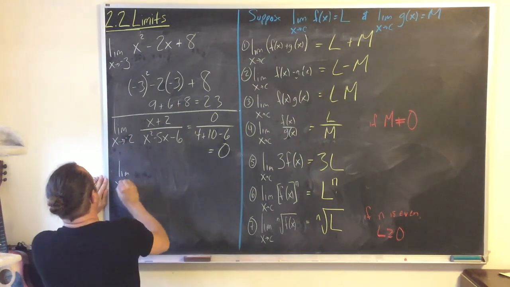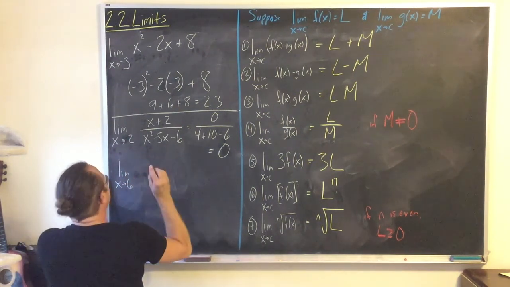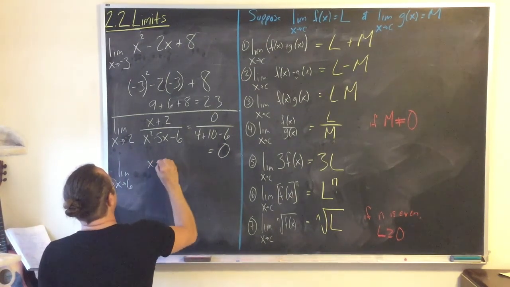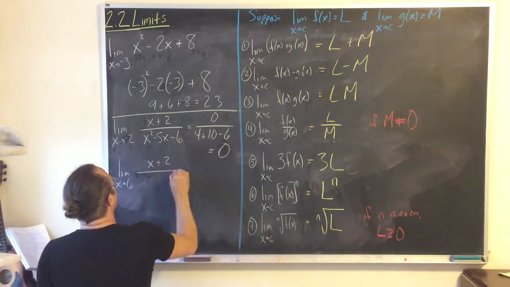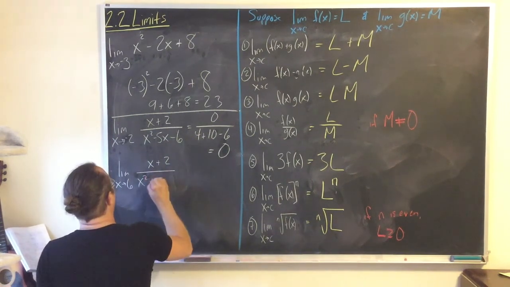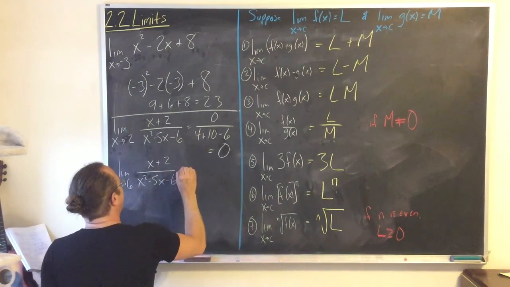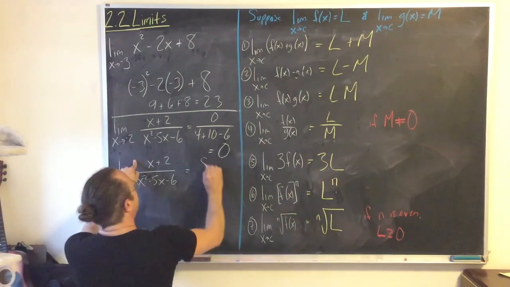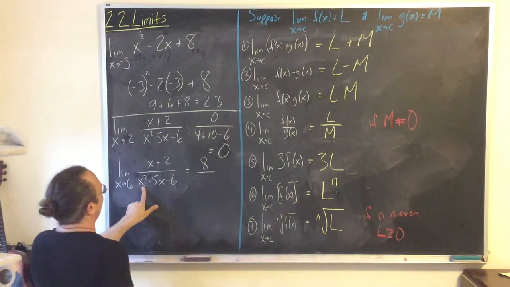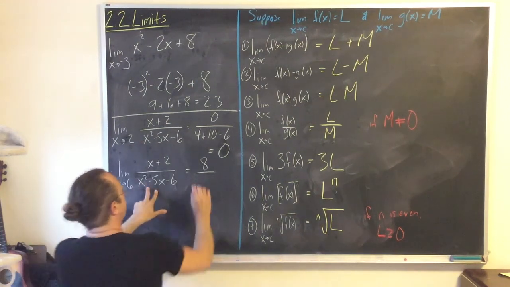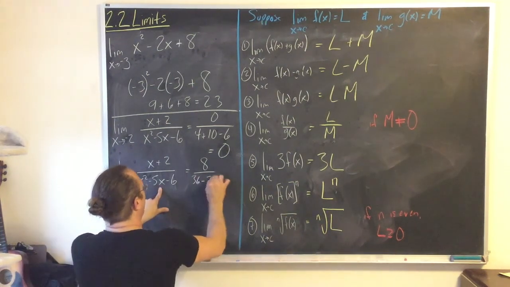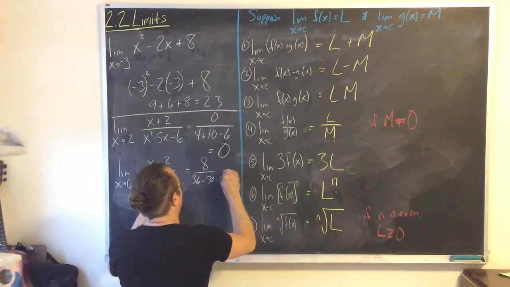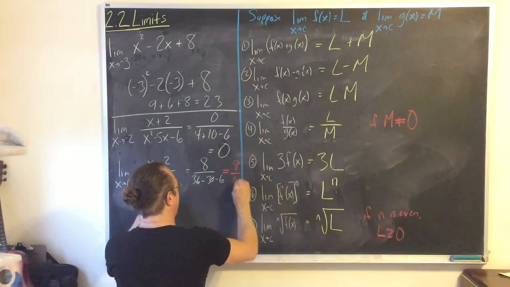However, notice if the limit as x approaches 6 of x plus 2 divided by x squared minus 5x minus 6. If we try to do this, we're going to get 8 in the top, but in the bottom we're going to get 36 minus 30 minus 6, which is 8 divided by 0.